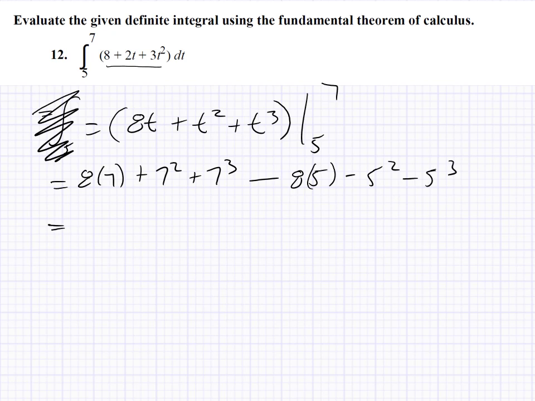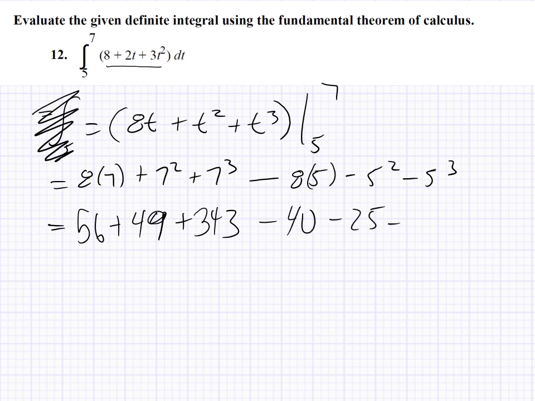Now the hardest part of this whole thing is probably just doing the arithmetic. So the 8 times 7 will give you 56, plus 7 squared is 49, plus 7 cubed is 343, minus 8 times 5 is 40, minus 5 squared is 25, minus 5 cubed is 125.